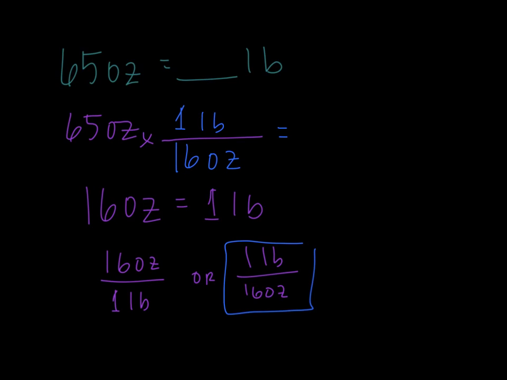Now when I put this into my calculator, what I'm going to type in is 65 divided by 16. You can type in the 1 if you want, 65 times 1 divided by 16, but that's the same as saying 65 divided by 16. When you put that in your calculator, what you end up getting is 4.0625.